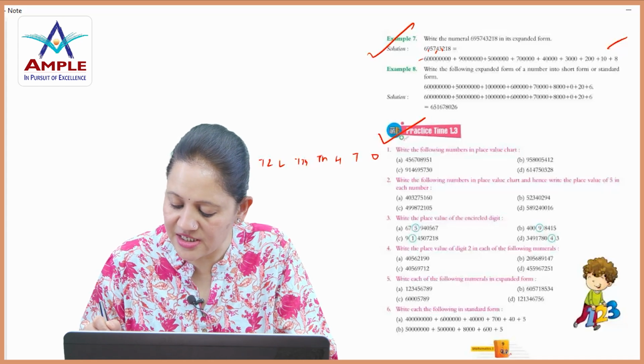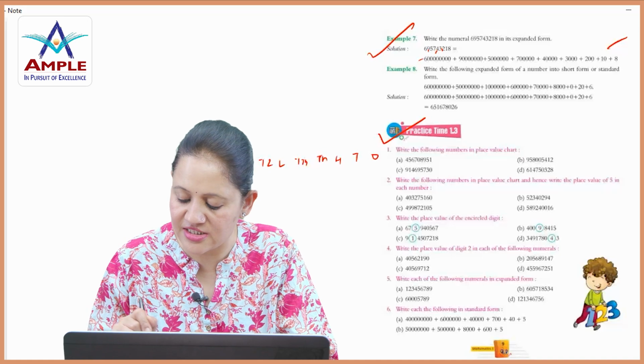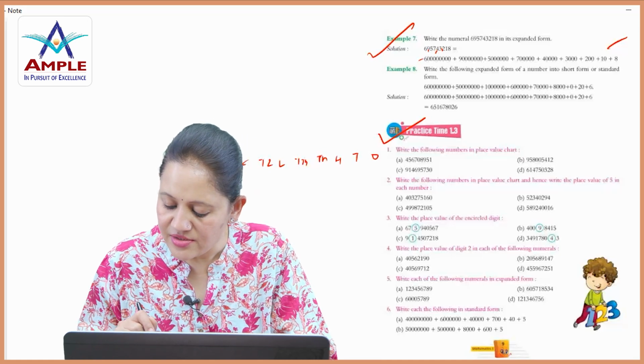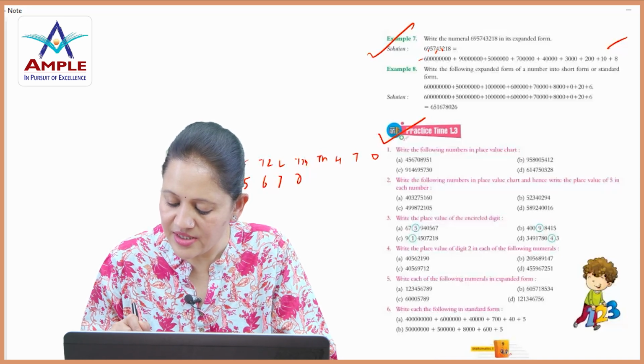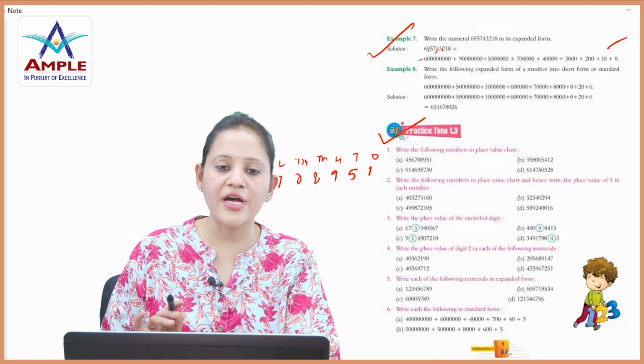So, how many digits are there? 1, 2, 3, 4, 5, 6, 7, 8, 9. 9 digit number. So, 4, 5, 6, 7, 0, 8, 9, 5, 1. This is how we will arrange the number.